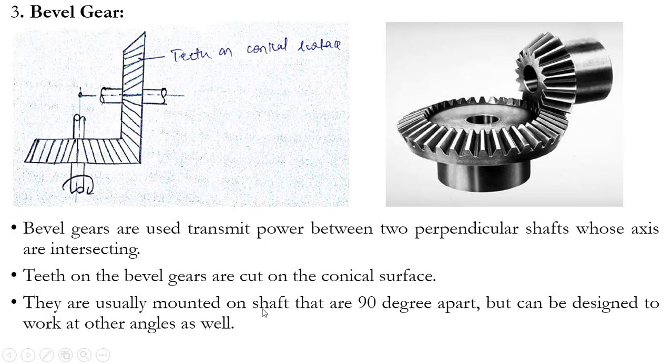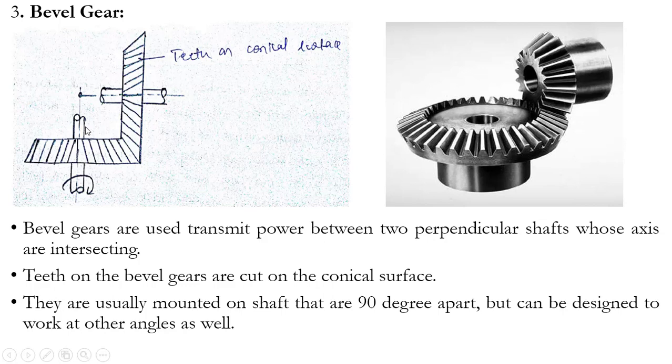They are usually mounted on shafts that are 90 degrees apart. You can see that these are perpendicular to one another, meaning these two shafts are 90 degrees apart, but bevel gears can be designed to work at other angles as well. Not only at 90 degrees, you can design these bevel gears to work even at other angles.